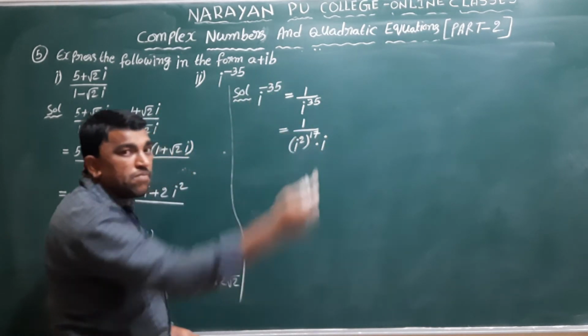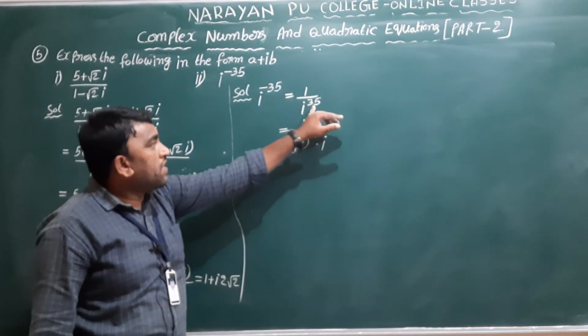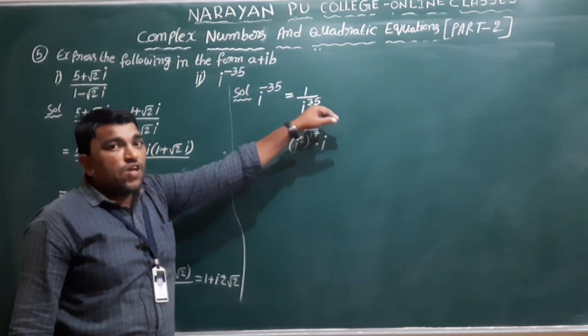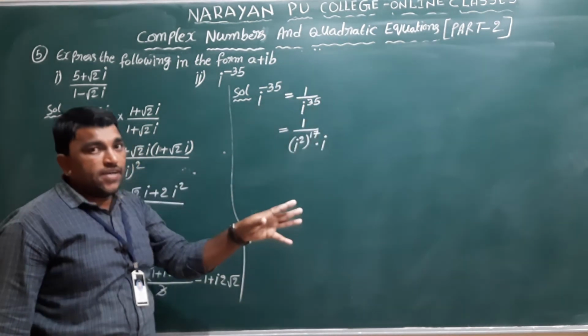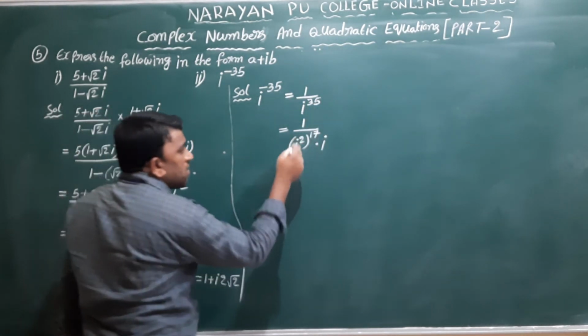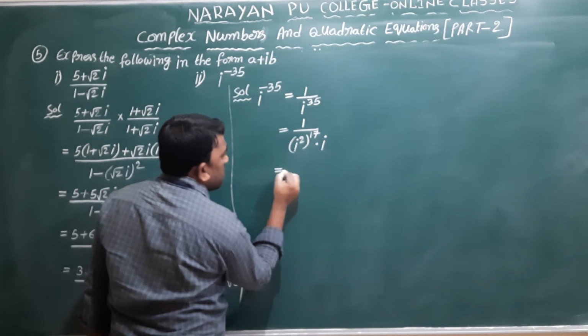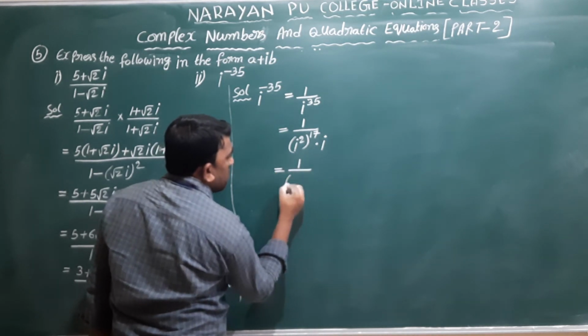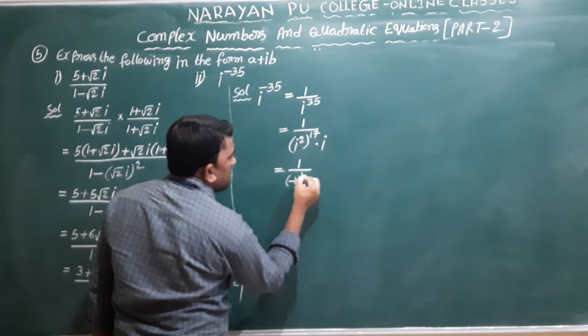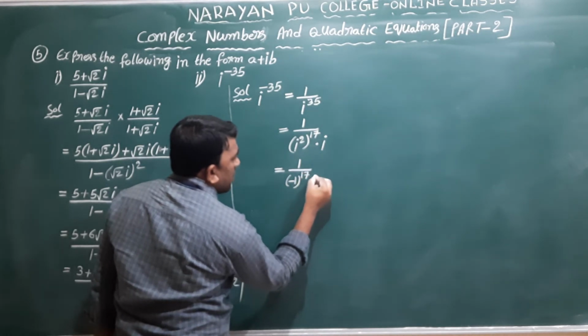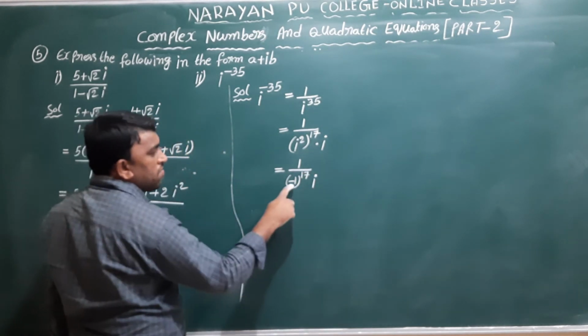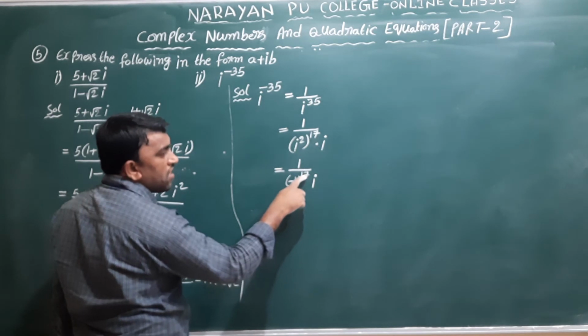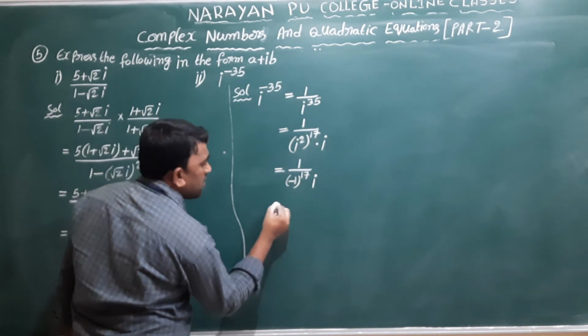For any big number, we write i square whole power nearby that. Why? Because we know the i square value is minus 1, so we can substitute it here. 1 divided by minus 1 whole power 17 into i. Minus 1 whole power 17, and 17 is an odd number, so we get minus only.